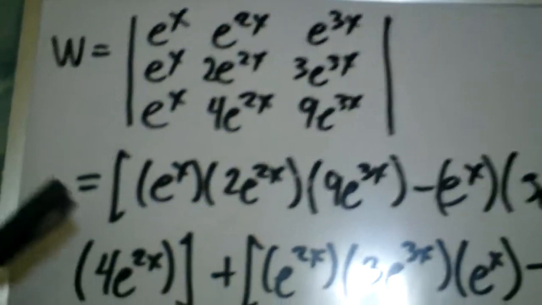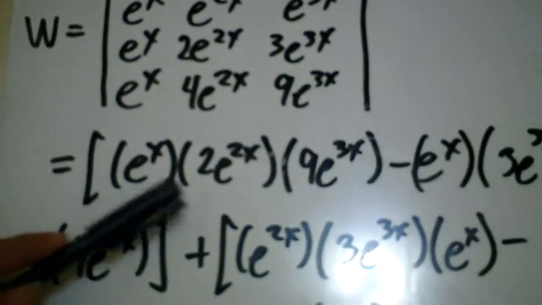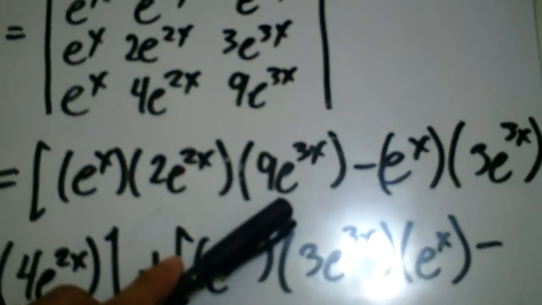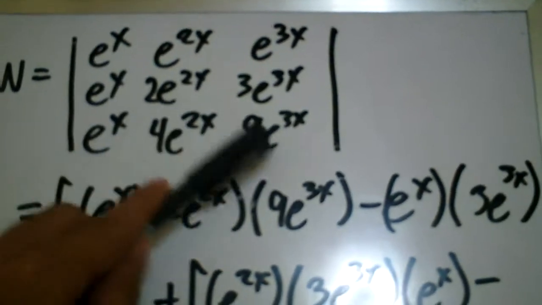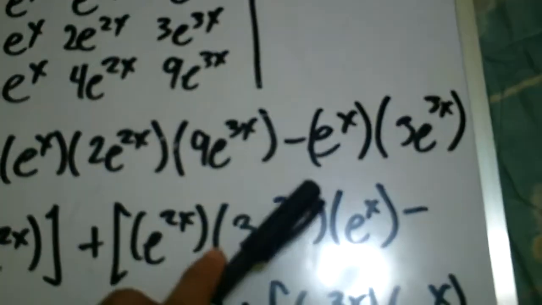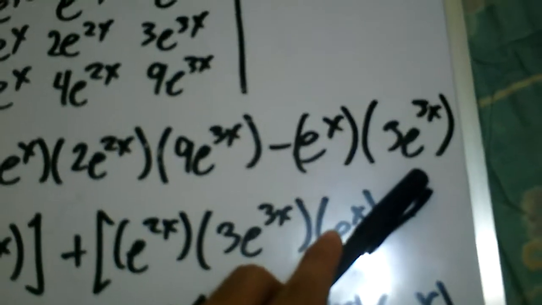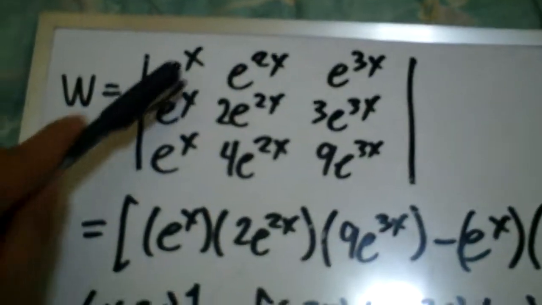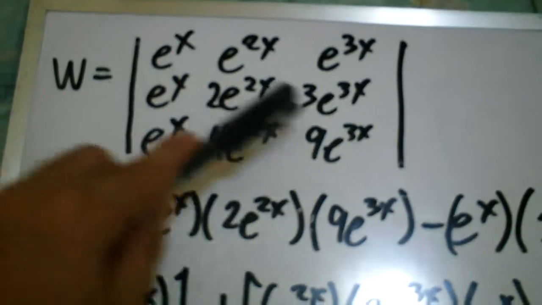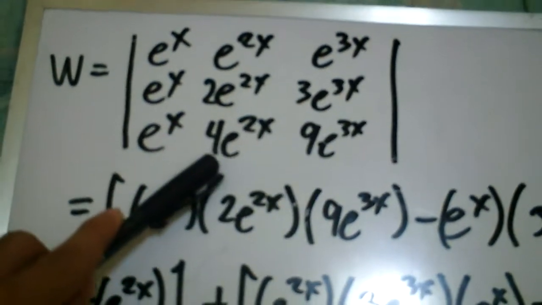First, e to the x times 2 e to the 2x times 9 e to the 3x, minus e to the x, 3 e to the 3x, and 4 e to the 2x.